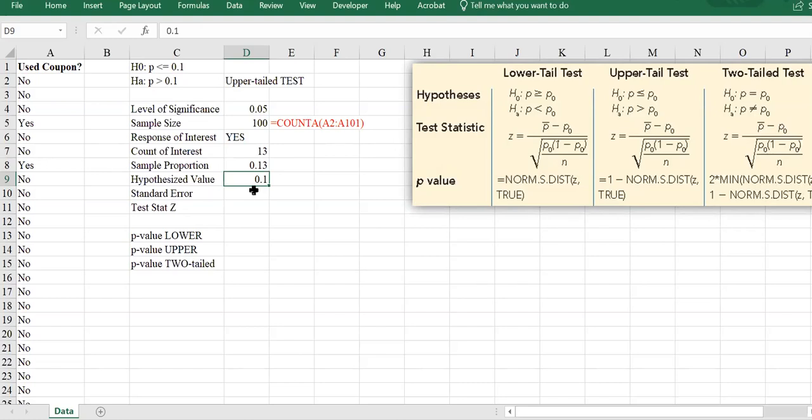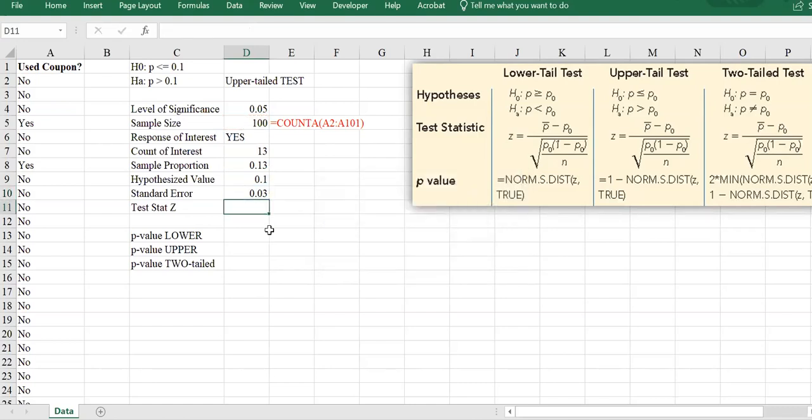And in order to answer that, we need the standard error, which is the square root of P0, the hypothesized value, times 1 minus P0, divided by the sample size of 100.